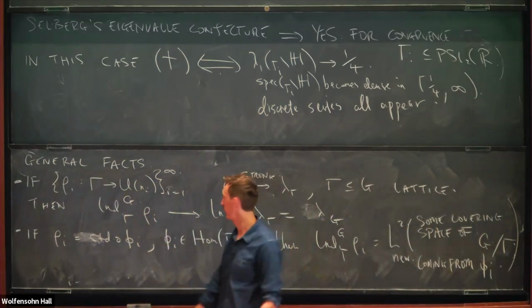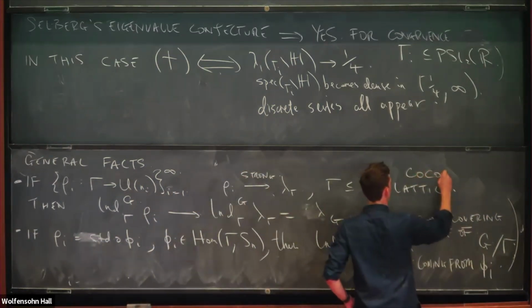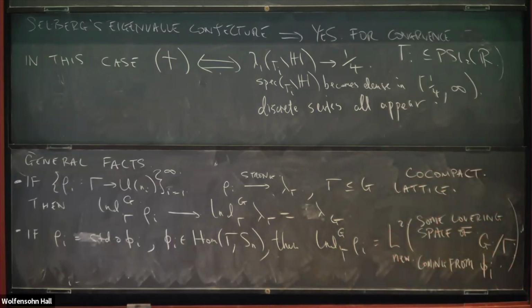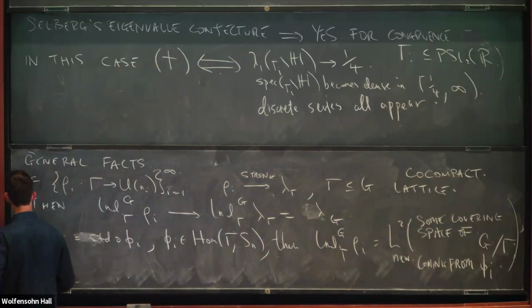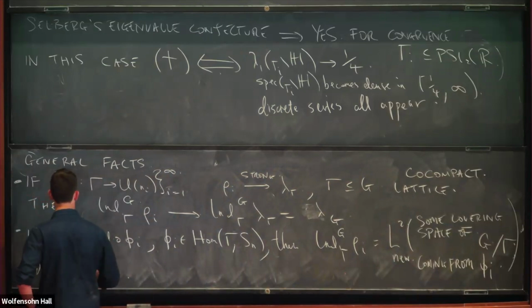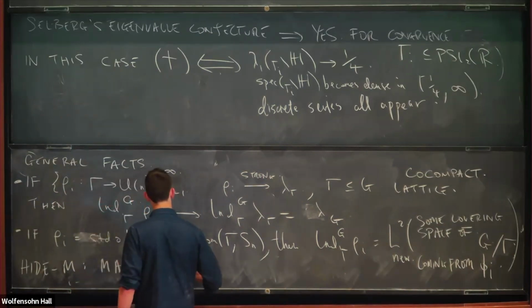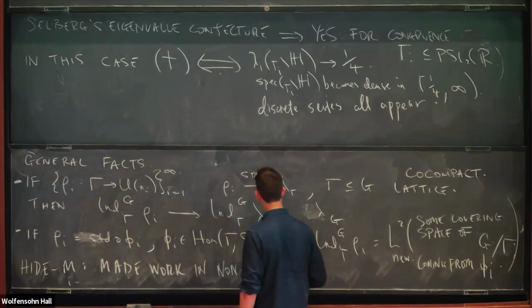Okay? So I think what this means is, it has to be co-compact. So in the case of co-compact lattices in G, this is a very robust mechanism for moving strong convergence from the lattice to this locally symmetric space. So in some sense, what Hyde and I did was to get this to work in a non-uniform setting, which involves dealing with cusps.